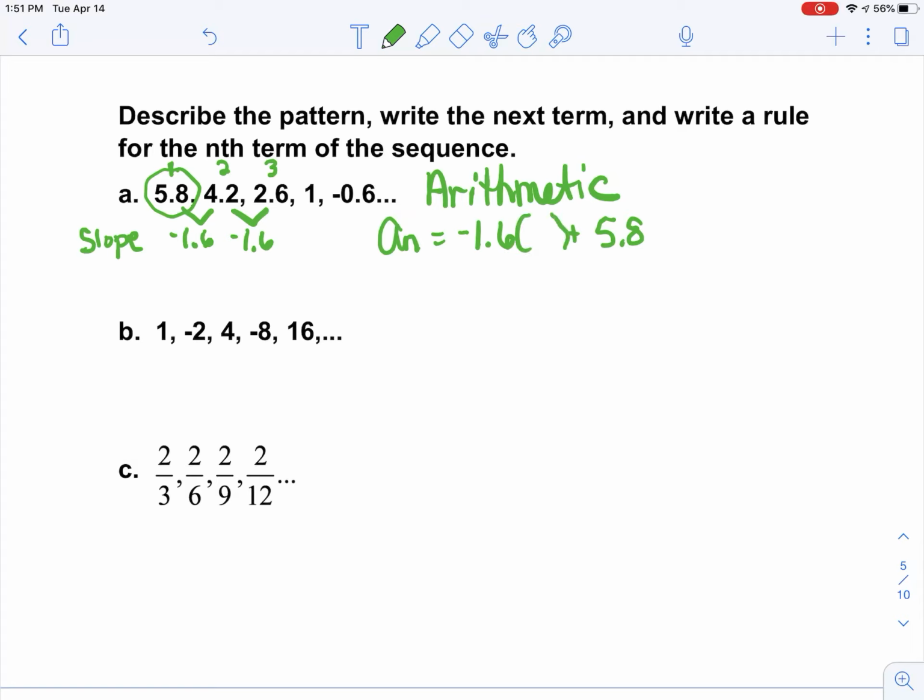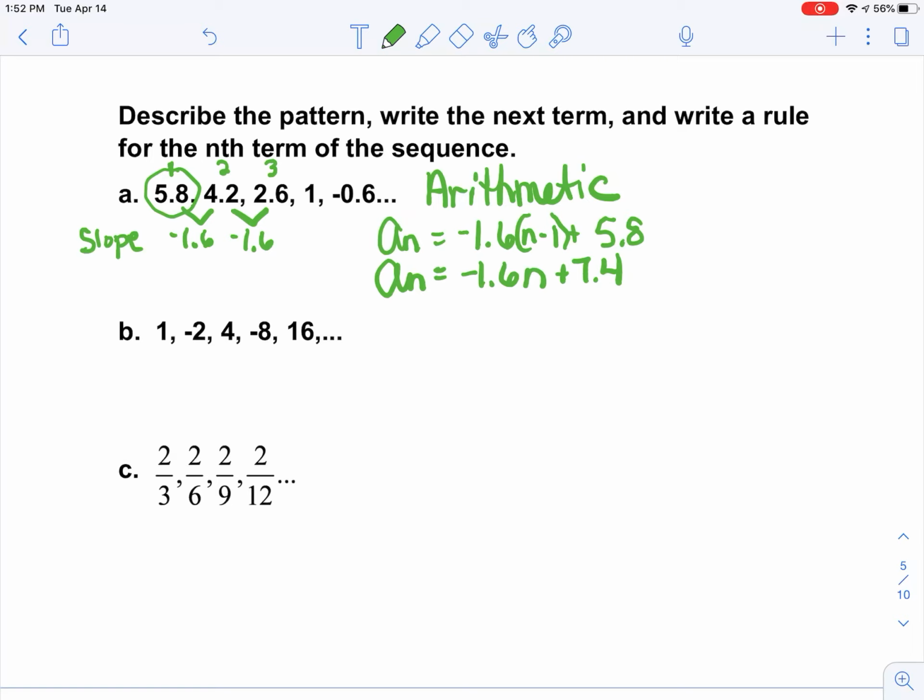So I need to know what my variable is going to be there. So if I just put an n here, if I put in 1, am I going to get 5.8? No, I have to put n minus 1. So now that's going to give me a sub n equals negative 1.6 n plus 7.4.